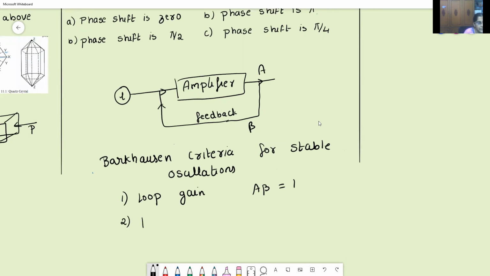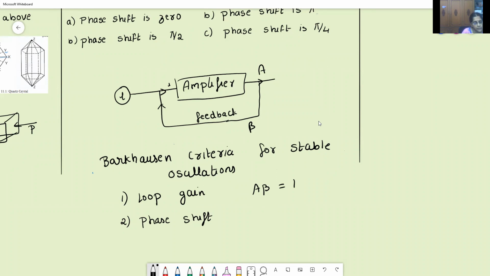Then there is another called phase shift. So what is this phase shift? Here you have an input signal going, and there is also a feedback signal going. Both the input signal and feedback signal will have a phase. At this position both the phases will get added. That is what is called the loop phase shift.